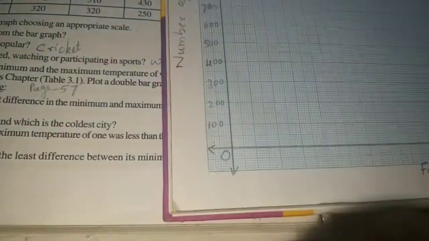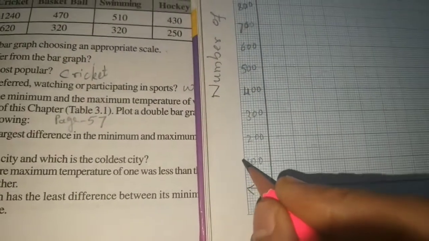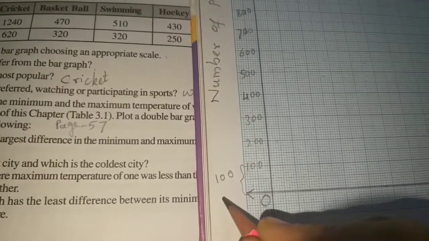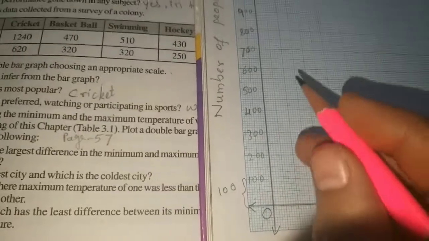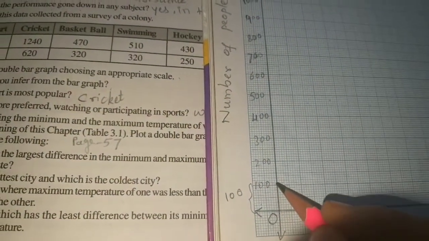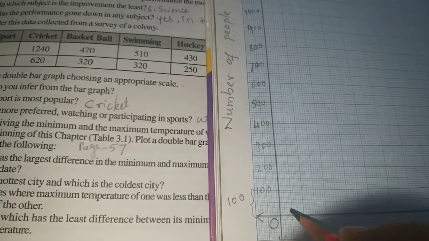How much is each smallest division here? The difference between the two main divisions is 100, and this 100 is distributed over one main division. One main division has 10 smallest divisions.